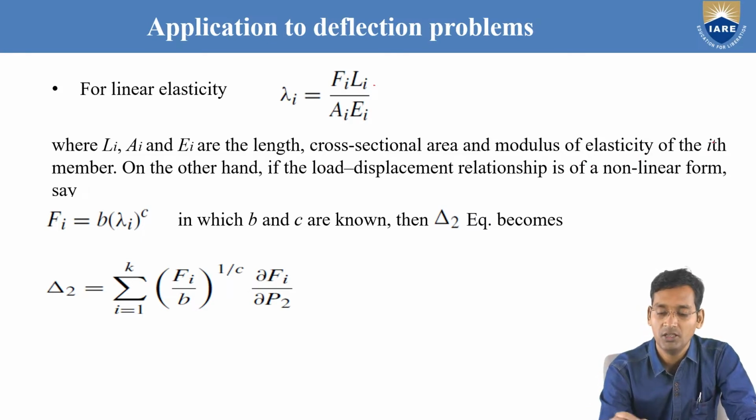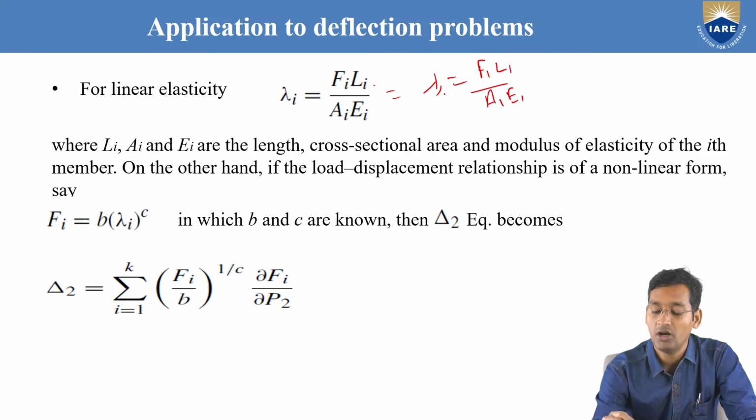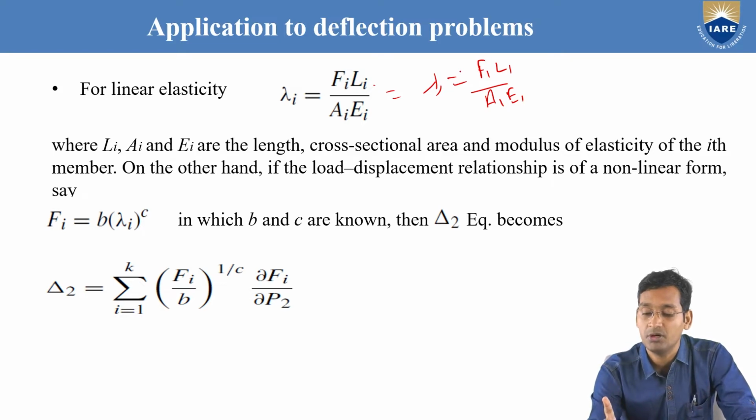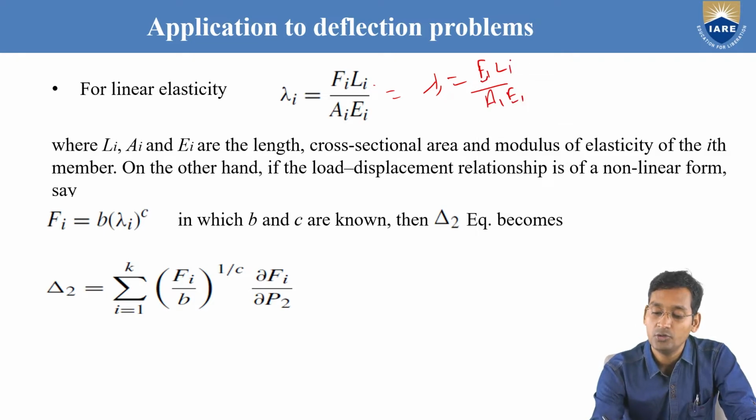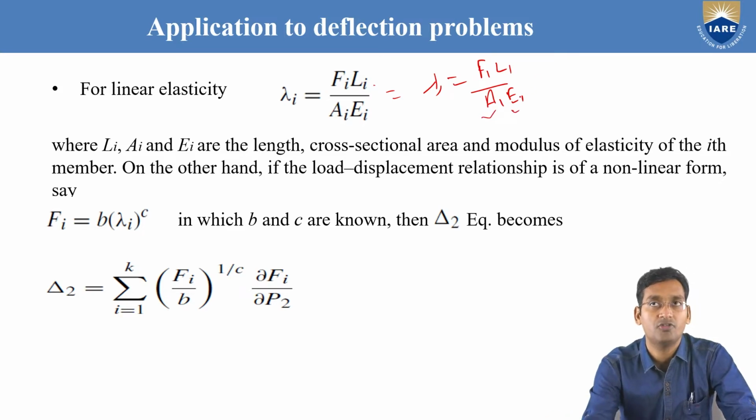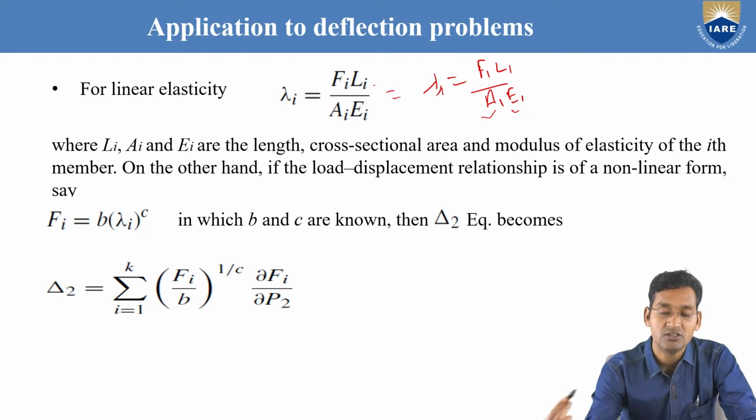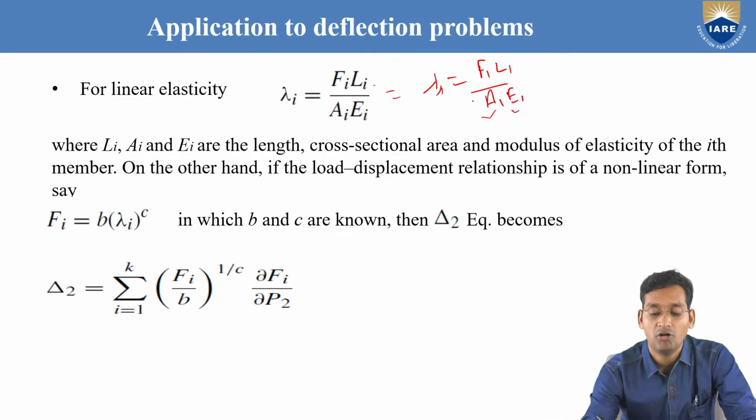If we take the first member, so i is 1, then lambda 1 equals F1 L1 by A1 E1, meaning the deflection or extension of the first member: the force acting on the first member times its length, divided by its cross-sectional area times its Young's modulus. When taking the deflection of the first member, you have to take all the values of the first member.